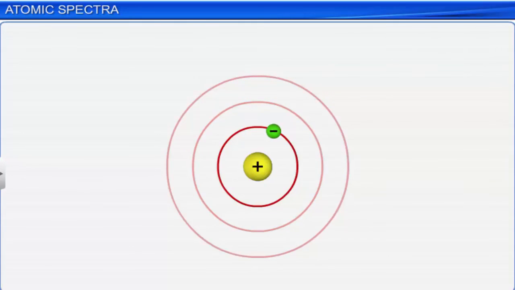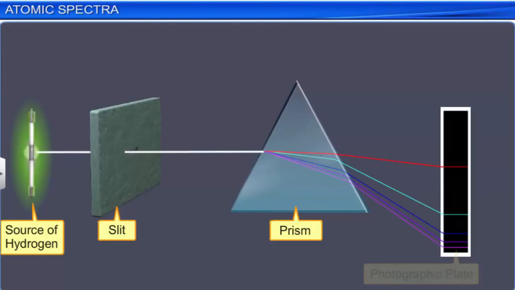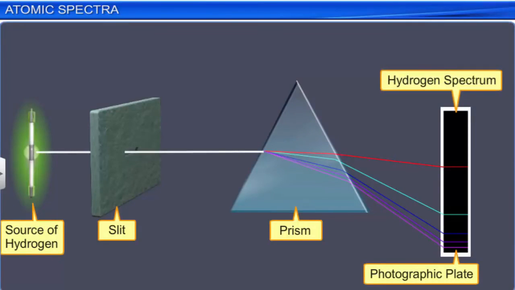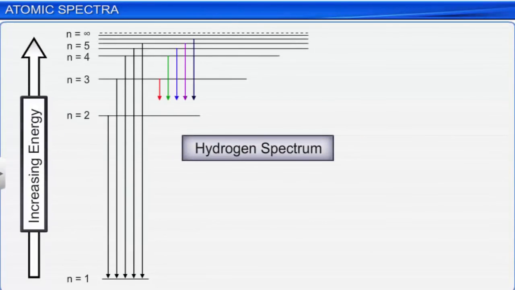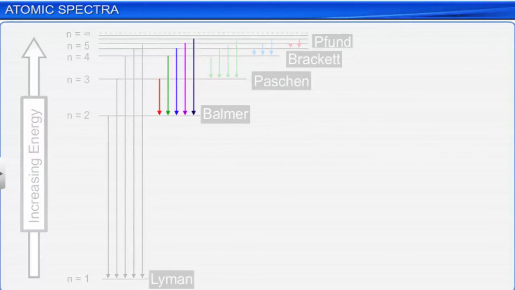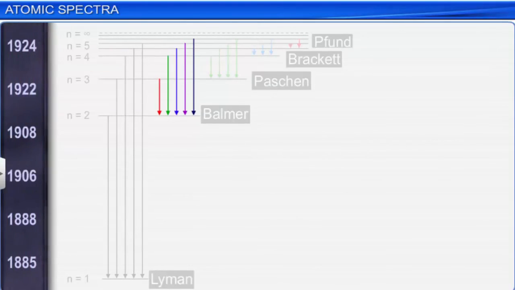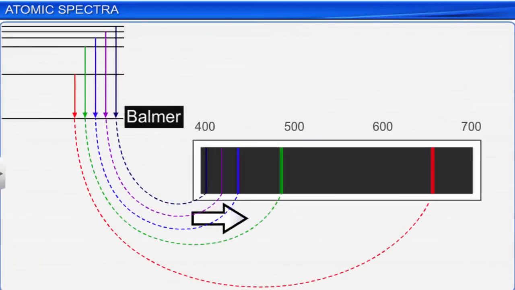While getting back to lower energy levels, the resultant hydrogen spectrum consists of multiple series of lines. These are named after their discoverers. The first series in the hydrogen atomic spectrum, the Balmer series, was discovered by Johann Jakob Balmer in 1885. Its lines belong to the visible spectrum of electromagnetic radiation.